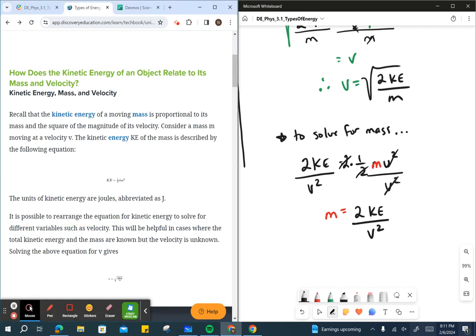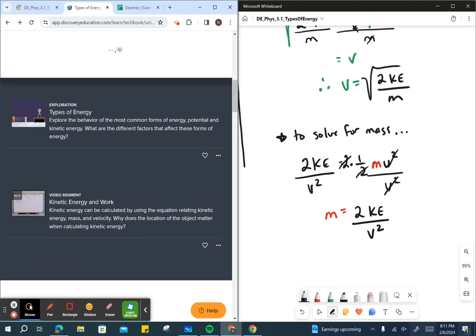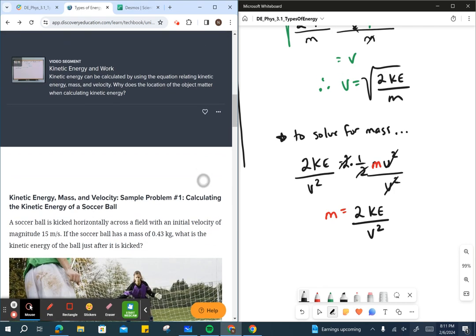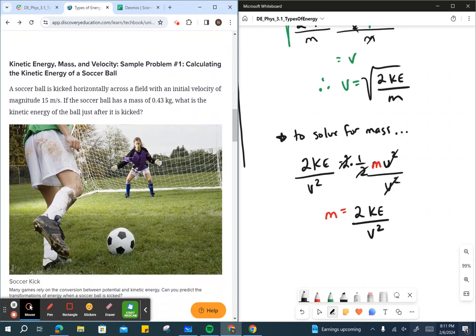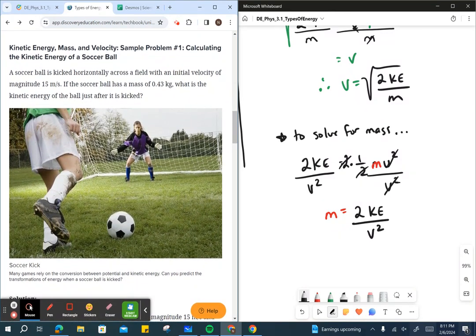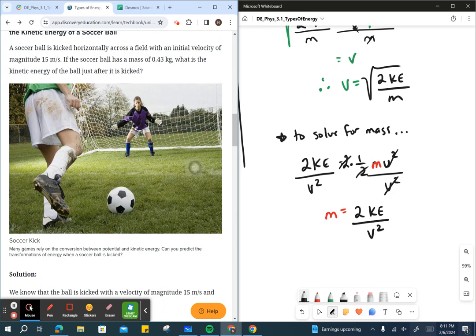If we go back over to the left side here, you have a nice exploration, a video segment, and then you just have practice problems. In this first practice problem, what is the kinetic energy of the ball just after it is kicked?